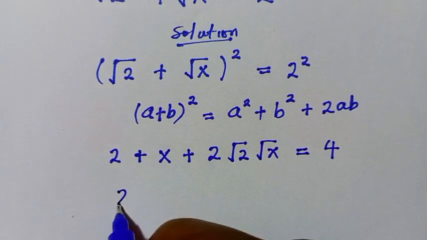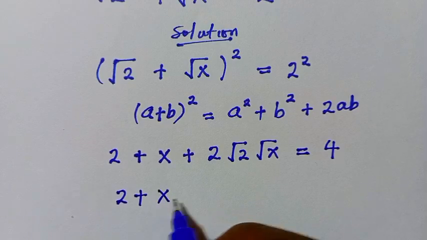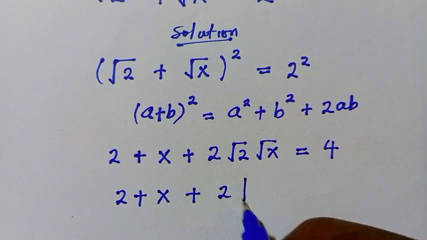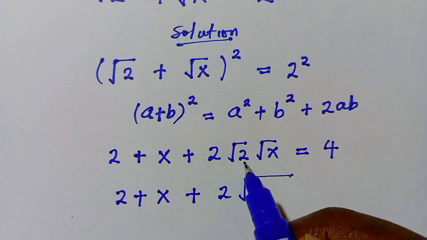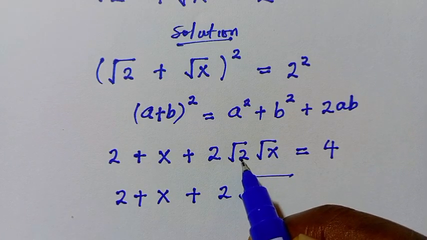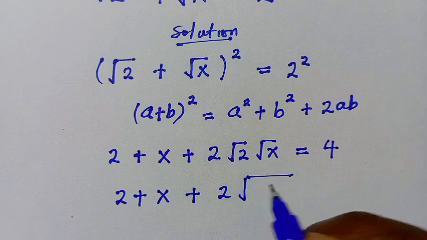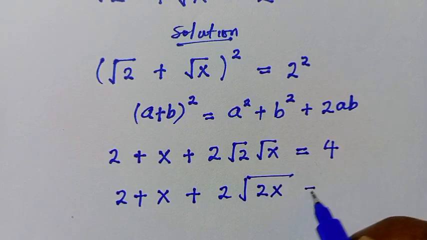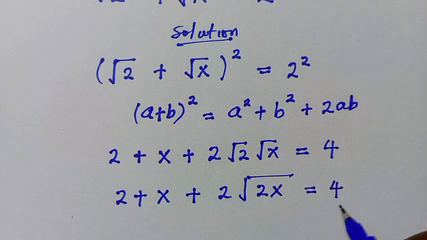So here we have 2 plus x plus 2 multiplied by the square root of... These are having the same square root, and we have to multiply 2 and x together, as we have square root of 2x equals 4.